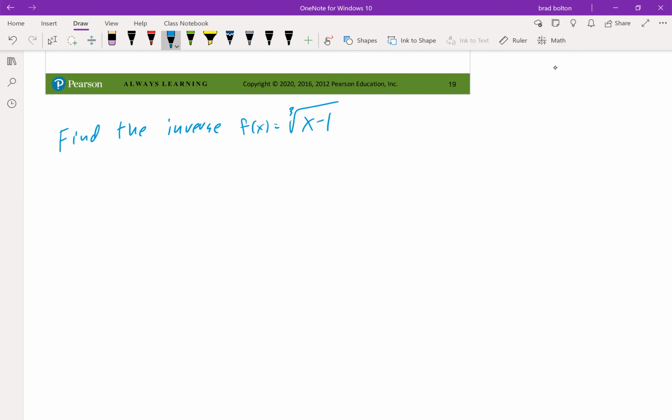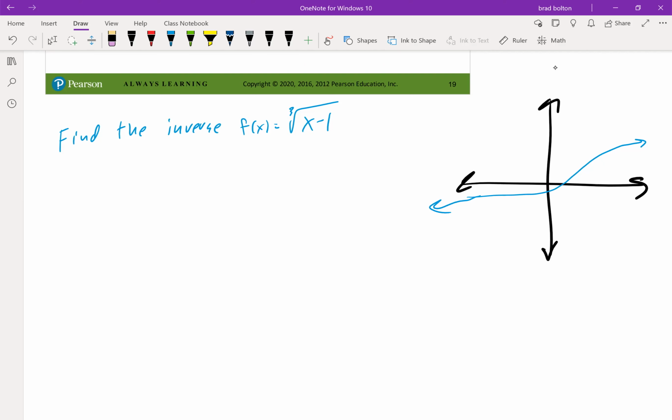You guys should probably know this graph by now. Remember, it's basically the basic cube root just shifted. I'm just going to eyeball it. That's not a very good graph of it, but you guys get the idea. Oh my goodness, I can't draw.